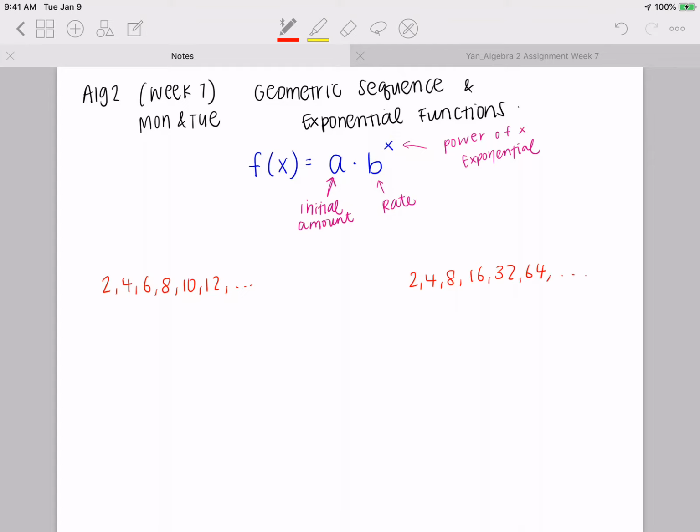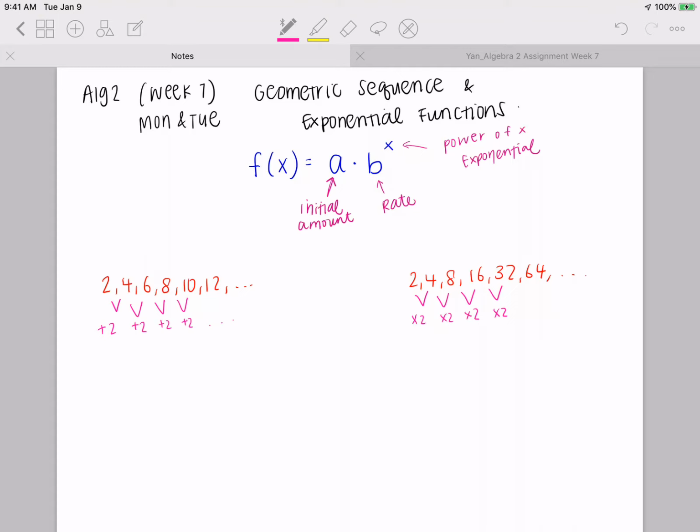What's the difference between these two sequences? The first one, we kind of start off with the same two numbers, but then you notice that we are actually adding 2. We keep on adding 2 to get to the next number, right? And then for the other one, we are multiplying by 2 to get to the next number.